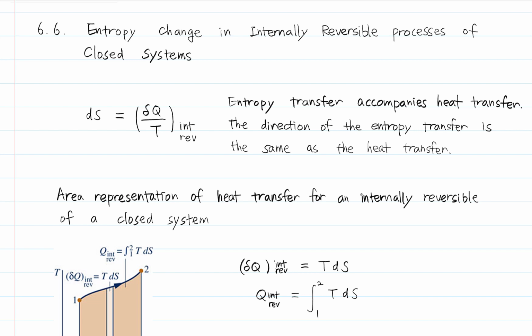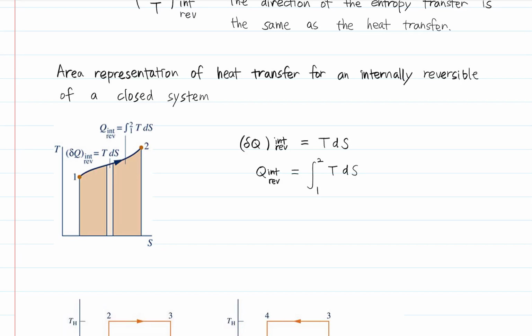within the system. It is often useful to plot the process on a temperature-entropy diagram. So it visualizes the processes in the perspective of the second law of thermodynamics. An internally reversible process goes from the initial state 1 to final state 2.